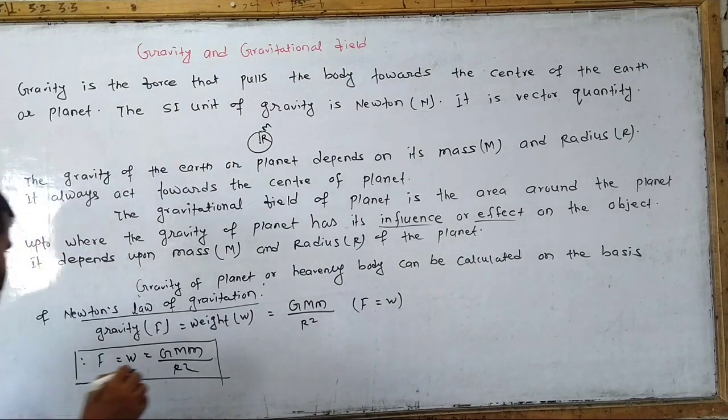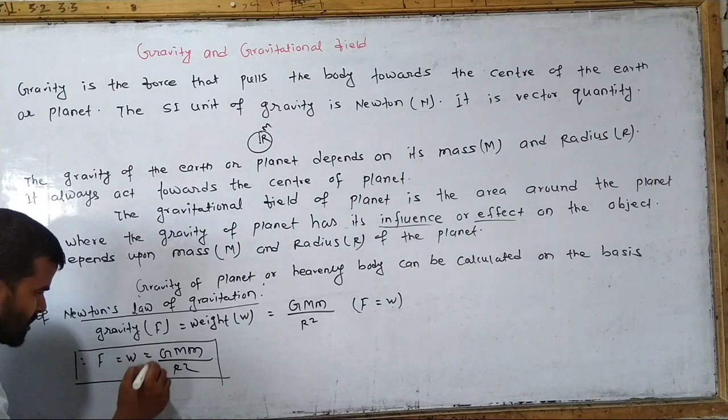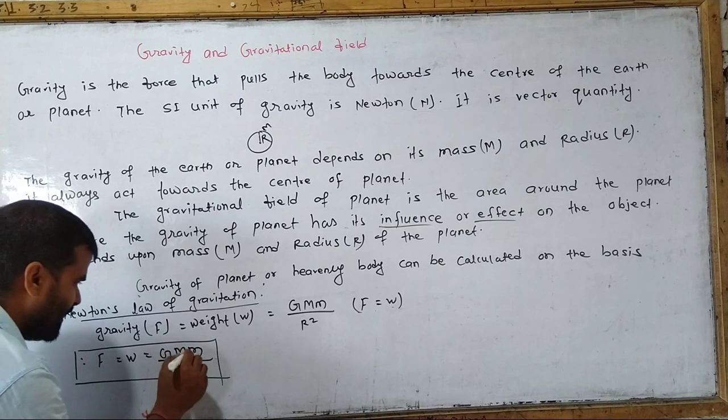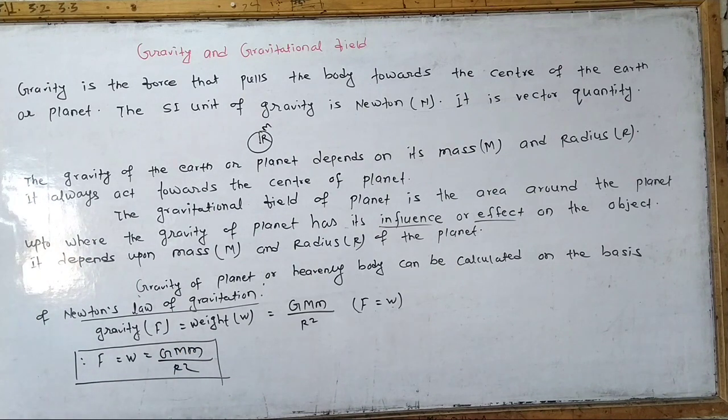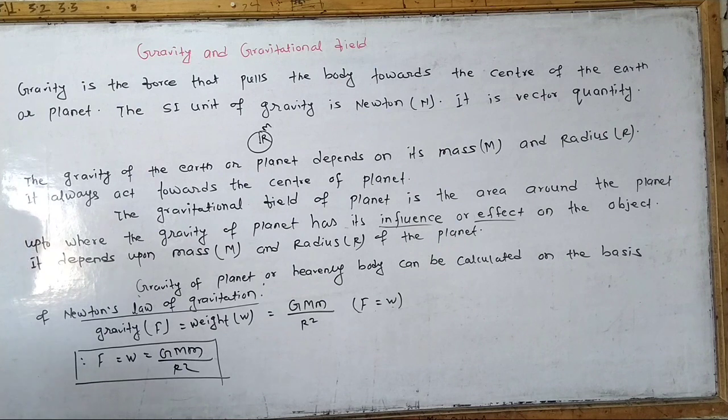That is, this force F is equal to W is equal to G capital M small m by R square, where F is the force, sorry, gravity, W is the weight, and capital G is called the gravitational constant, capital M is the mass of the planet, small m is the mass of the body, and R is the radius of the planet.